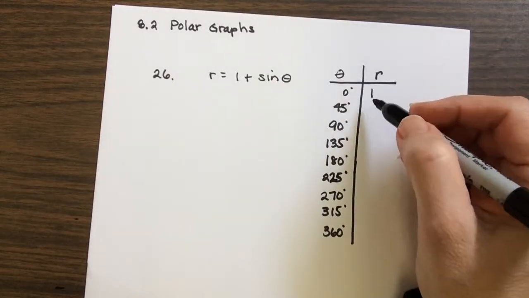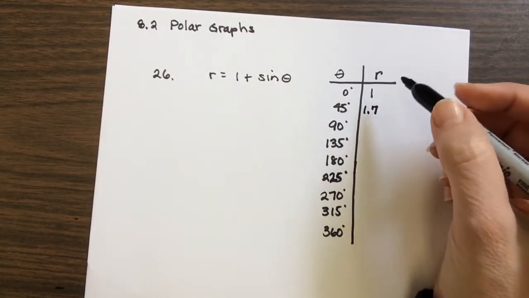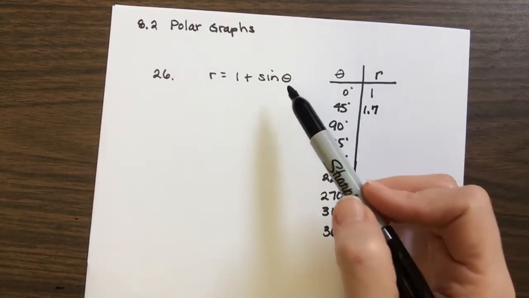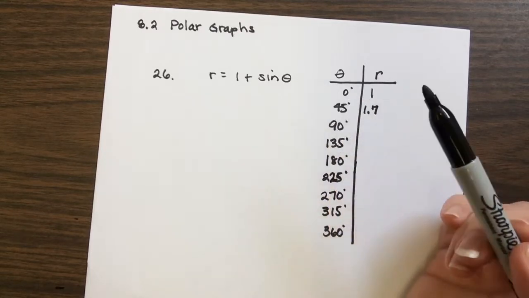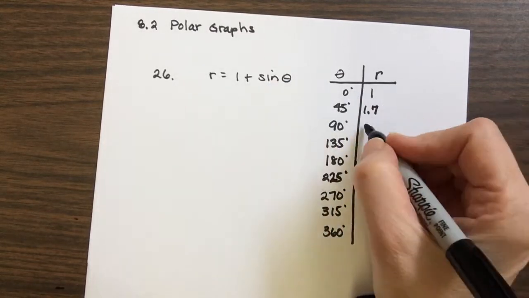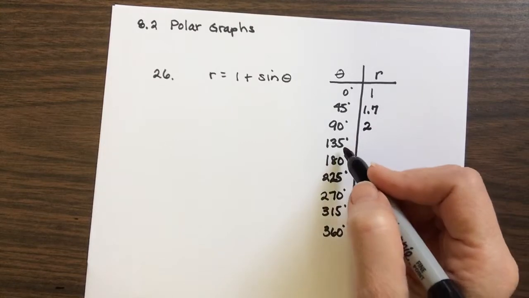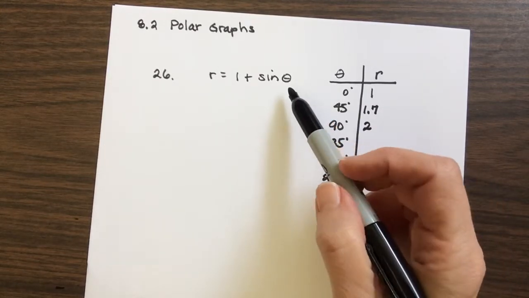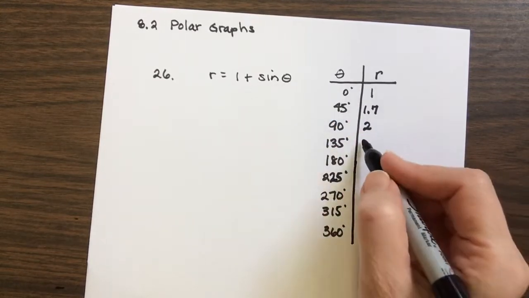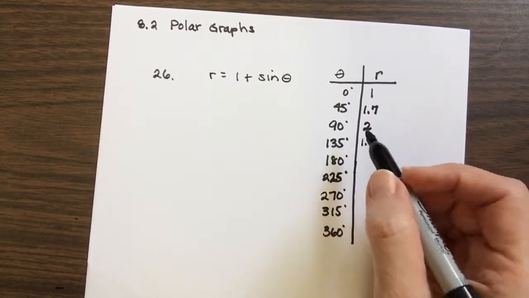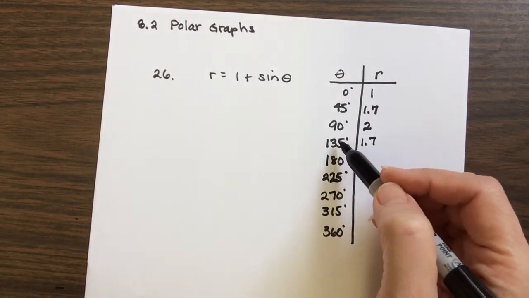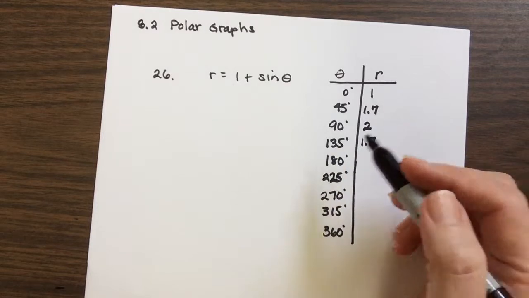If I add 1 to that, this is just approximation, so let's say 1.7. The sine of 90 degrees is 1, plus 1 is 2. The sine of 135, we're still at the square root of 2 over 2 plus 1, so 1.7. 135 is in the second quadrant where sine's positive, so it's still positive.